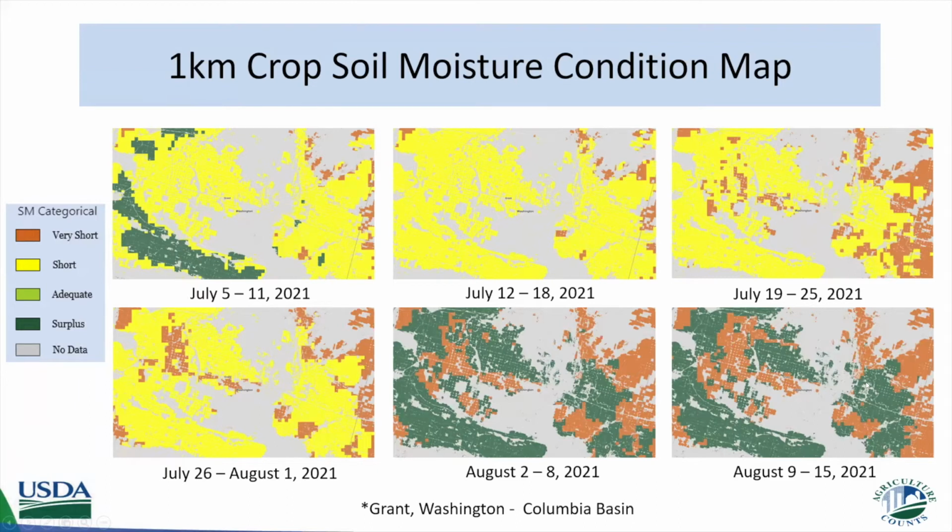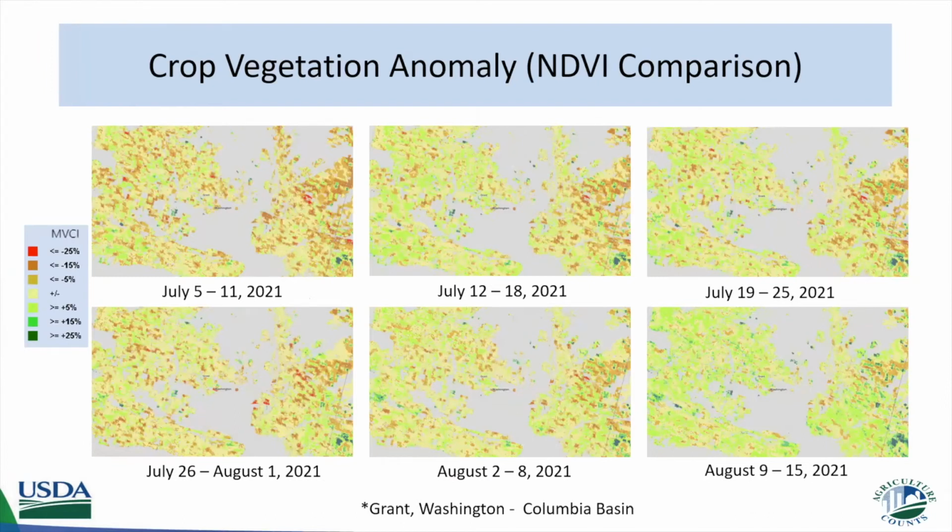I'm not sure if it's raining or they systematically irrigate, but it definitely has a moisture level increase. From this, we can see the response of the vegetation. The first week we'll see that it's very bad.